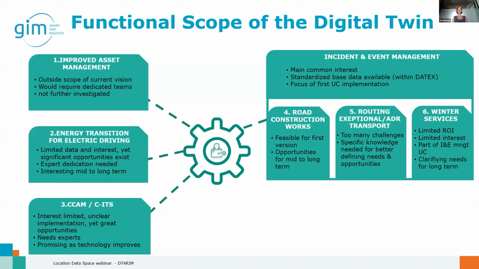The next one is under the umbrella of incident and event management. So there are 3 sub-use cases, which you can see on the slide, which are related to incident and event management. This is a key responsibility of the project partners, to react very quickly and adequately to unforeseen events and incidents. So there, in first instance, there is a very high common interest to deep dive into this use case and to analyze it further and to implement it in the first version of the digital twin.